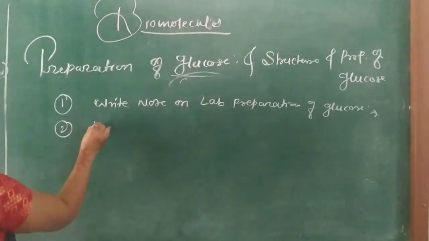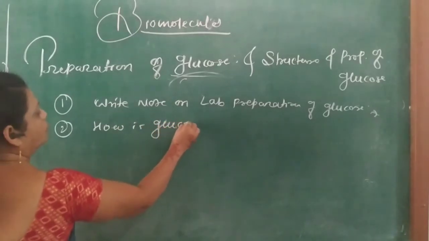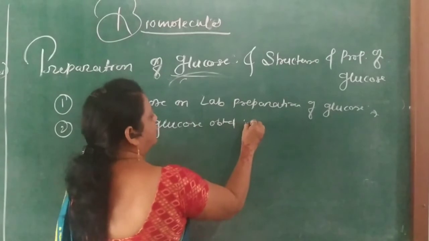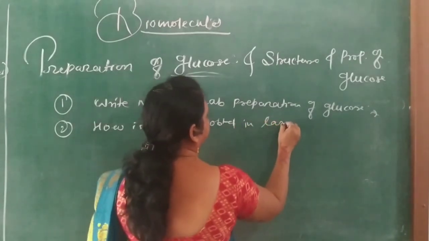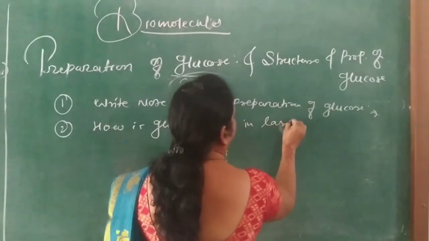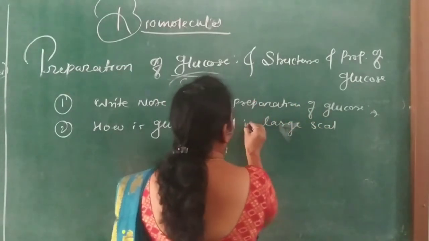Second, how is glucose obtained on large scale?